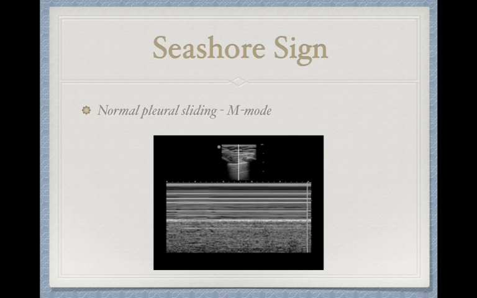This is an example of the seashore sign in a normal lung sliding. So, again, we're taking along this line, we're tracking the motion over time at that area. You can see that here there's some movement back and forth, so that's indicating normal lung sliding. And then these lines here are just the stagnant chest wall. So this is a normal tracing here.